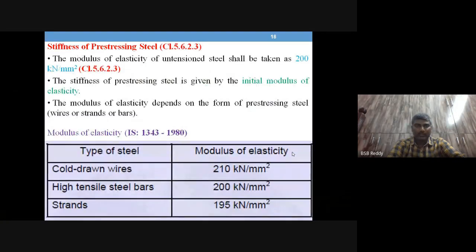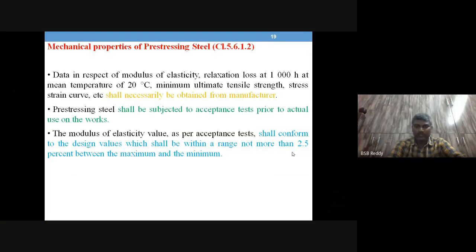This is what we discussed in the last session, and we also talked about the stress strain behavior of untensioned steel, nothing but conventional steel, and also high strength steel, and also discussed the difference between the earlier code and the revised code on the different mechanical properties of pre-stressing steel, right?